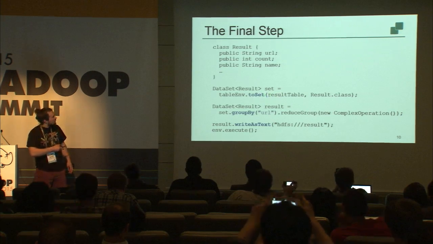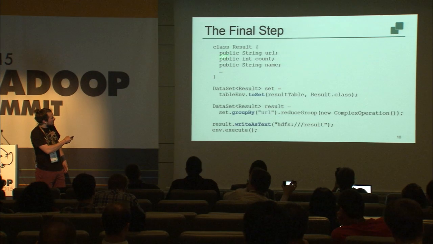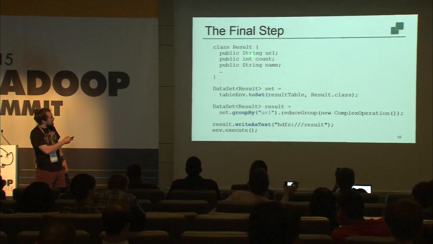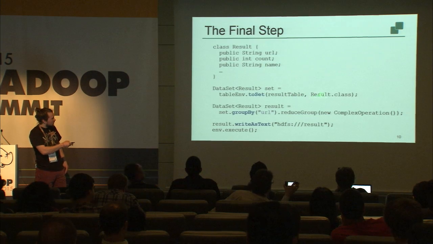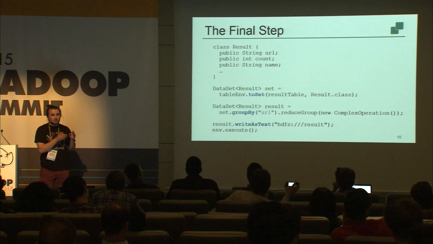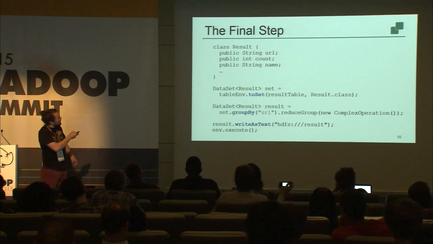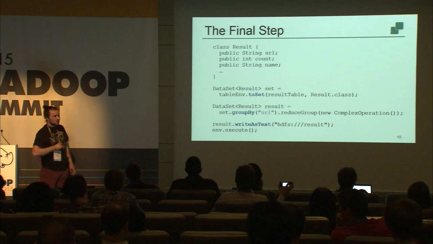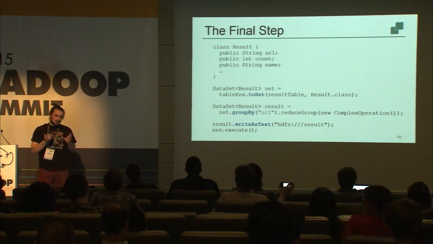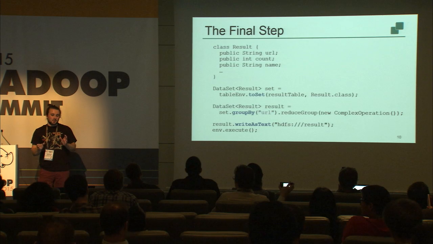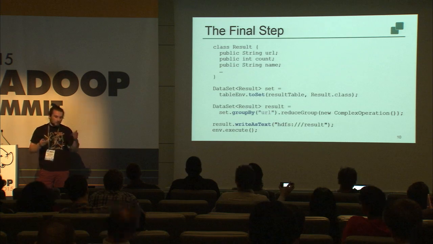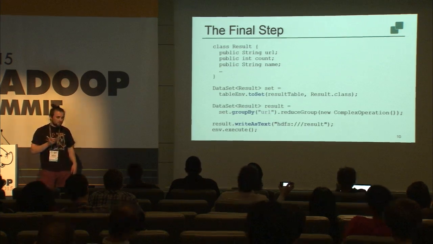And the cool thing is, we define our Java class that has these fields, the string URL, count, string name, and then we say, give me a data set of this type. Then the system maps the fields in the table, for which it knows the types, to those fields in this class we specify, and it will check whether the correspondence between those fields and the types is correct, and it will obviously throw an error if this is not correct.